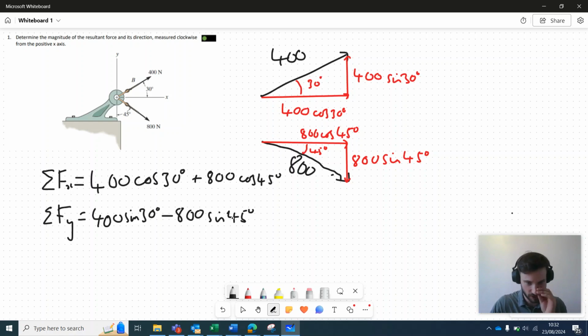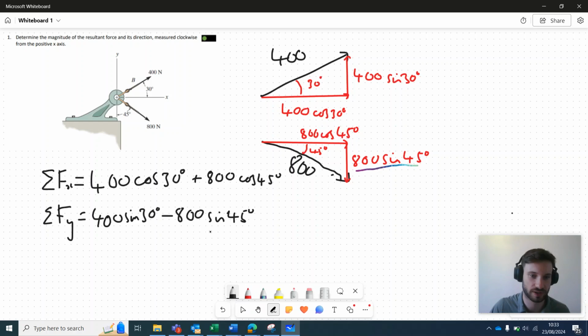If you're wondering why I'm subtracting the sine 45, the reason is that the vertical component of this 800 Newton force is acting down, right? And since it's acting down, that's what we typically take as the negative direction in the vertical.